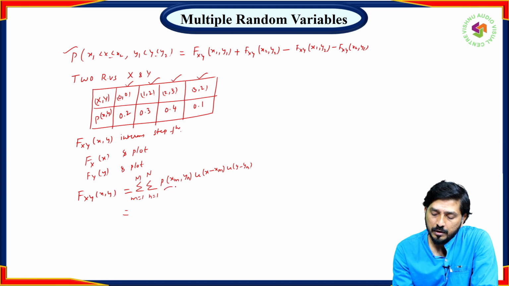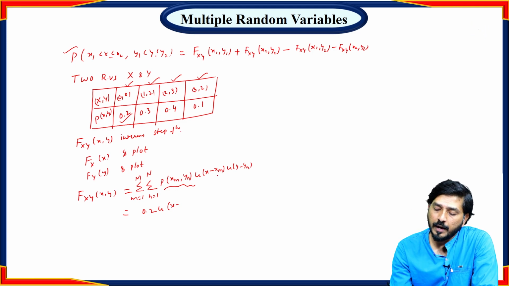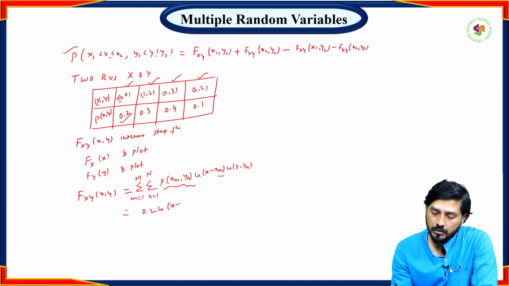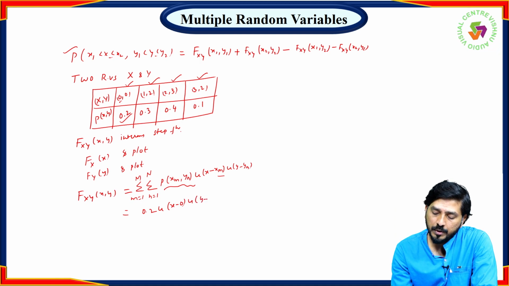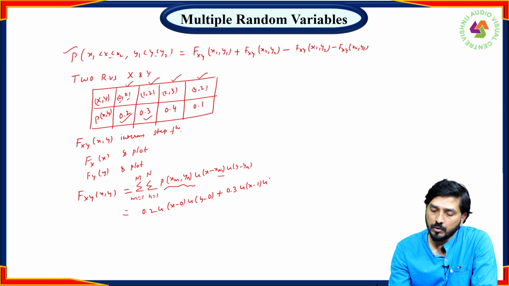In the first case the probability is 0.2, then u of x minus xm, which is 0, the first value, then u of y minus yn, which is here 0. Plus the second probability 0.3 and u of x minus 1 and u of y minus 2.